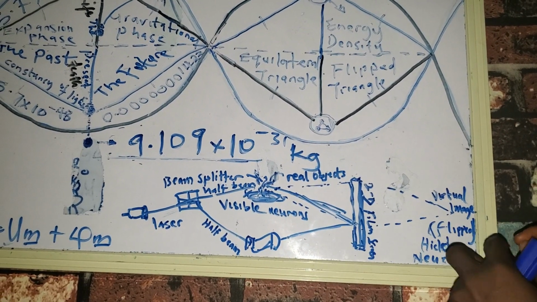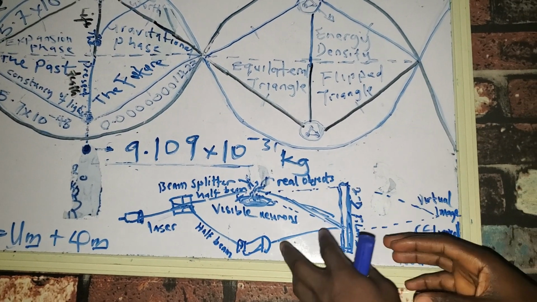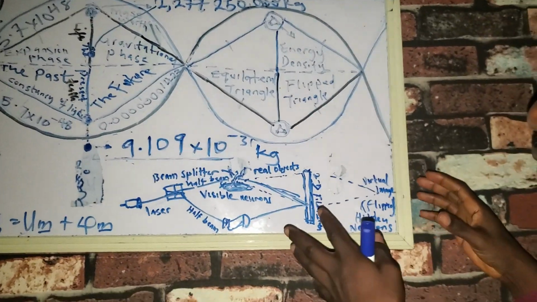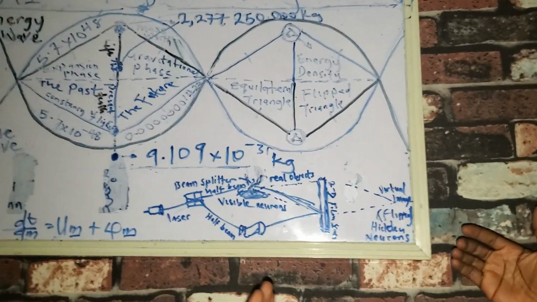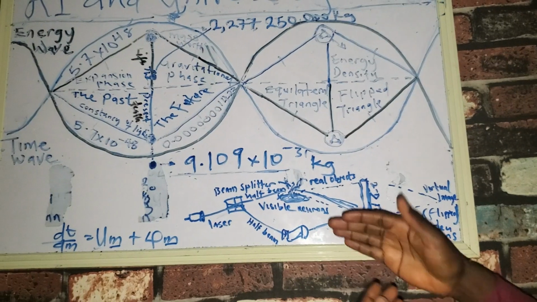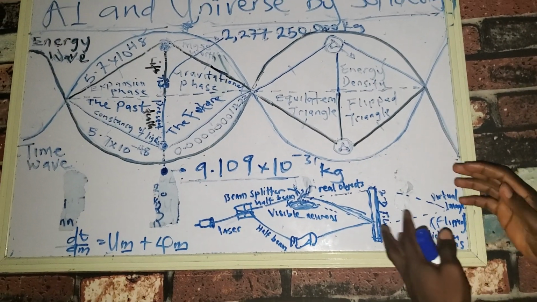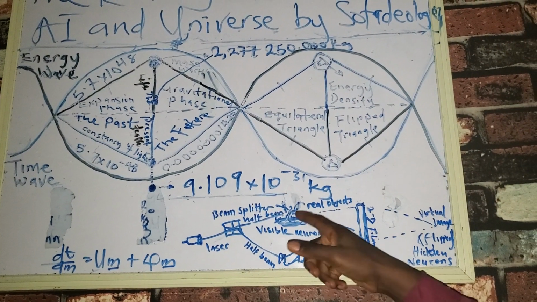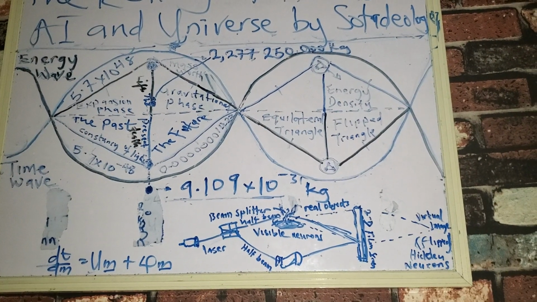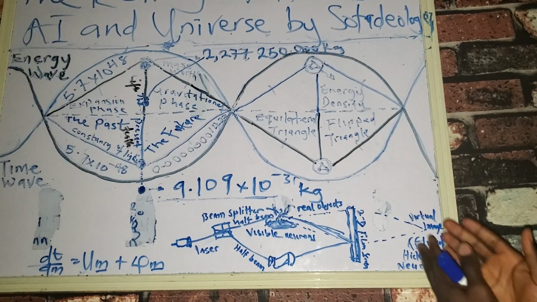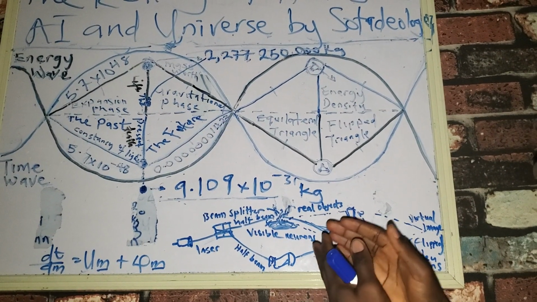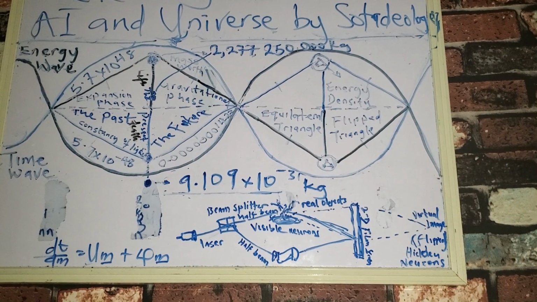And then the mapping from the real object to the virtual image will be the learning system of the AI, in order to adequately map the real object so that what is generated is similar to the real object.